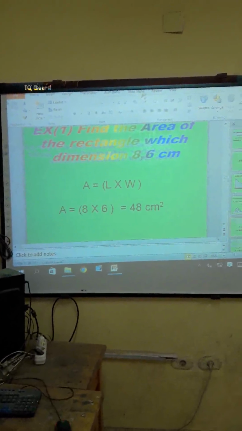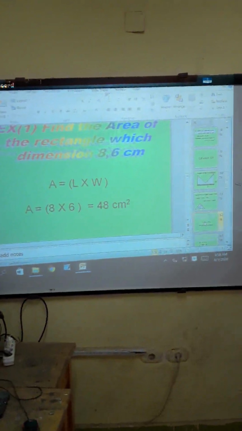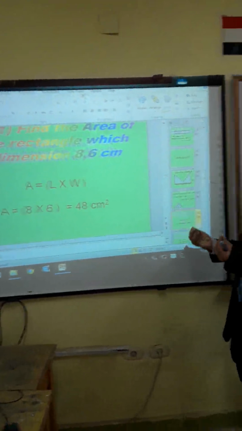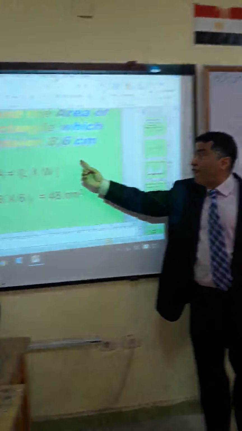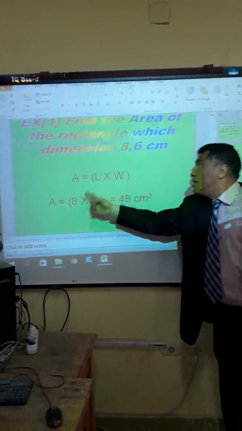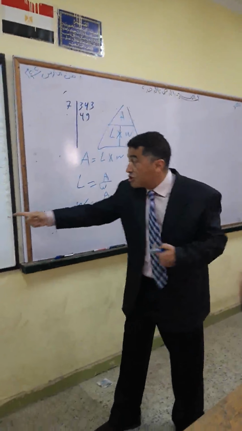Then area of rectangle is length times width, or the product of the 2 dimensions. The length is 8 and the width is 6, equals 48 centimeter square.